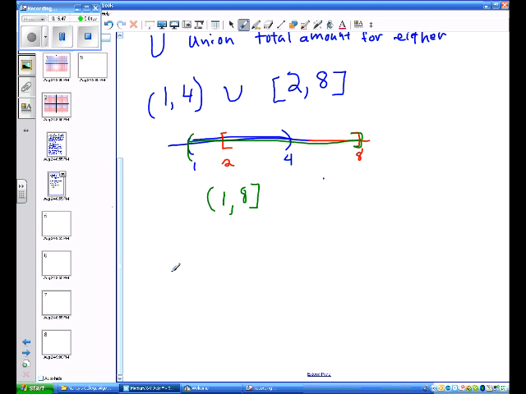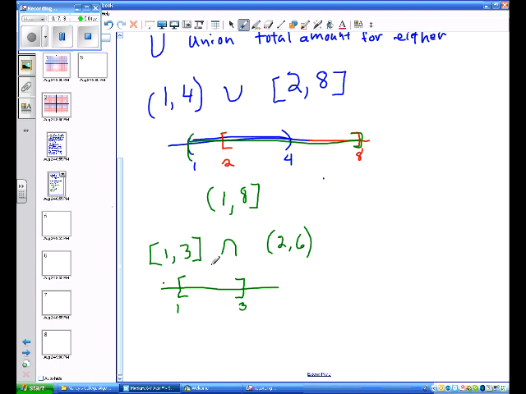Now if we had the set 1, 3, and it's a closed interval, and we want to intersect that with 2, 6. And we're having an open interval. Okay, if we graph the 1, 3, here's our 1 and our 3.